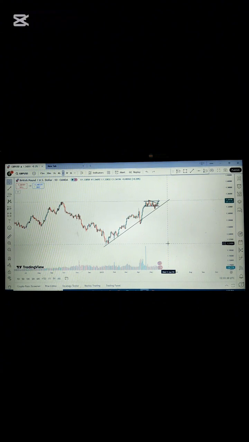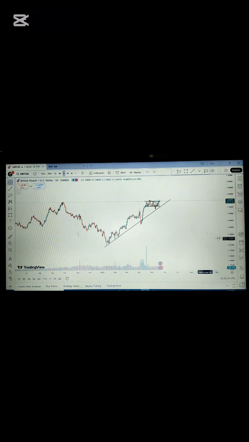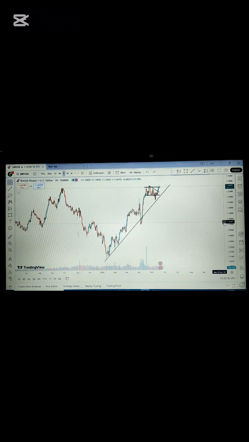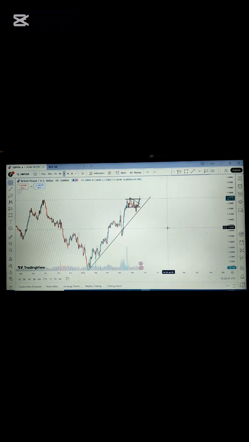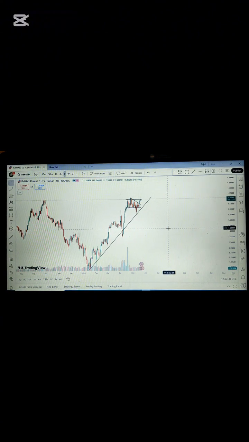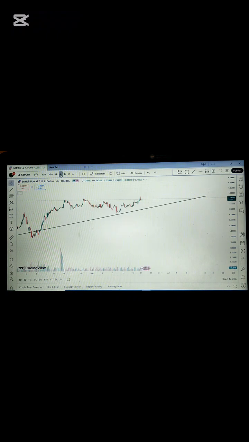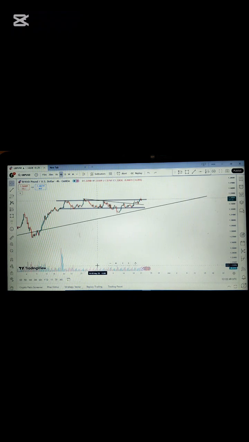There's a difference. That's one thing that really changed things for me. So I go to the daily to check my overall or external market structure or external trend. I go to the 4 hour to check my internal trend or current trend or current market structure or current market condition.